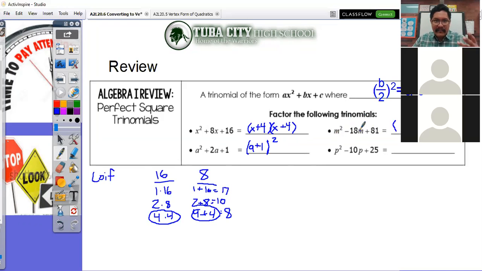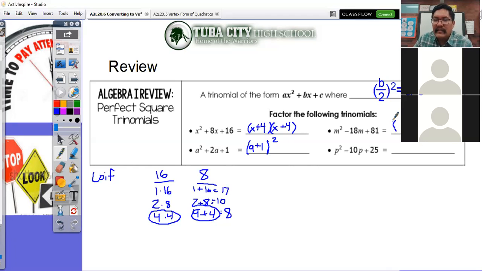This is the exact same thing, but backwards. And again, I'm trying to keep this simple. 81, I can get that by multiplying 9 times 9. And we could try other numbers, you could try like 3 times 27 or something like that. I don't know if that's going to work out.